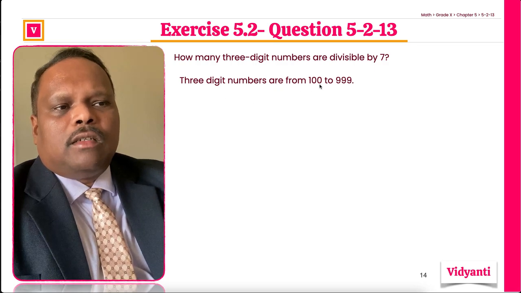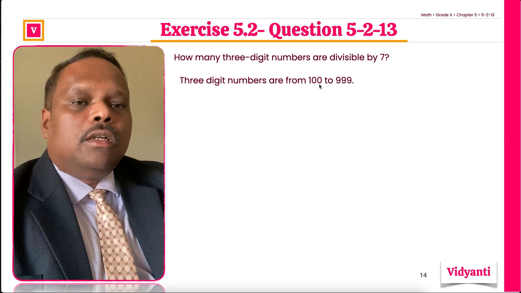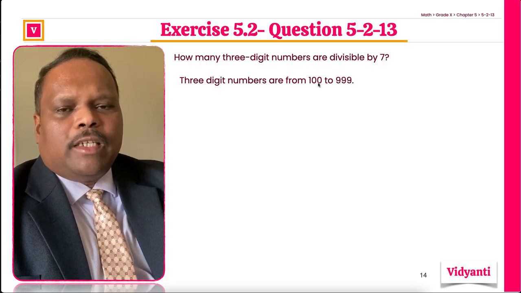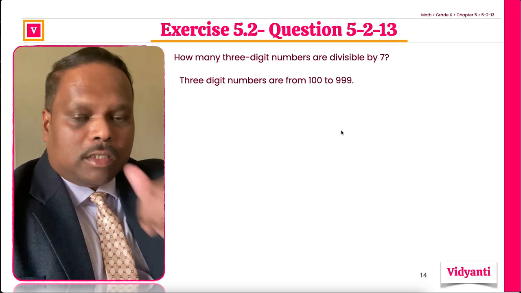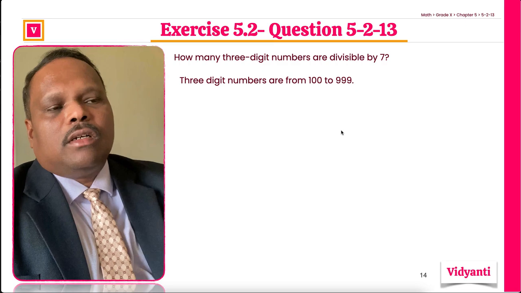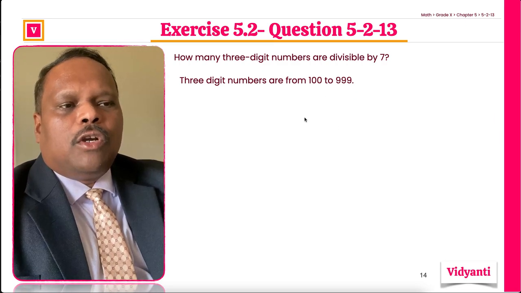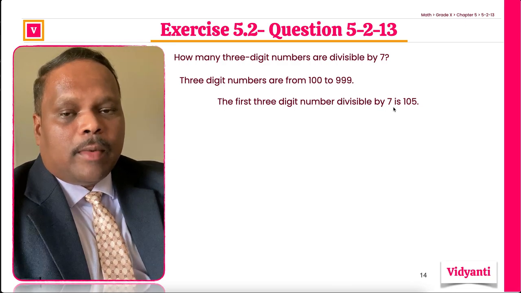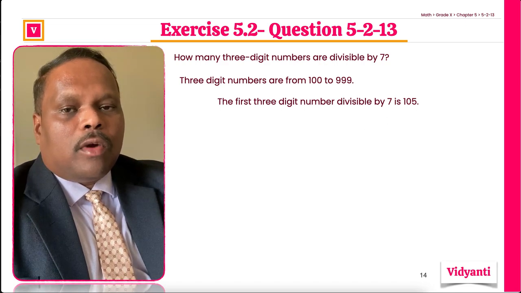So how should we solve this problem? 3-digit numbers are all the numbers starting from 100 till 999. Now is the first number divisible by 7? No. So we have to ultimately create a sequence of numbers. Should it start from 0? No. Should it start from 100? No. Because the first 3-digit number which is divisible by 7 is 105. So our progression is going to start from 105.